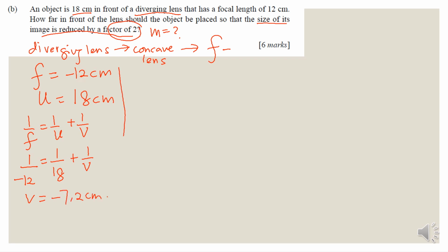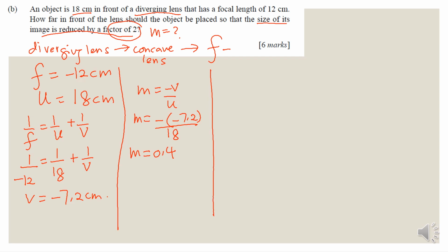Okay, so daripada sini, kita boleh cari magnification. M is equal to V is negative 7.2, U is 18. So, M kita adalah 0.4. Okay, so sekarang ni barulah kita cari image dia sekarang.